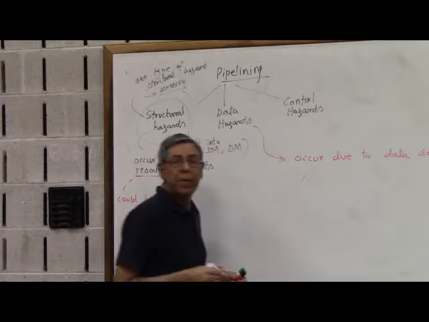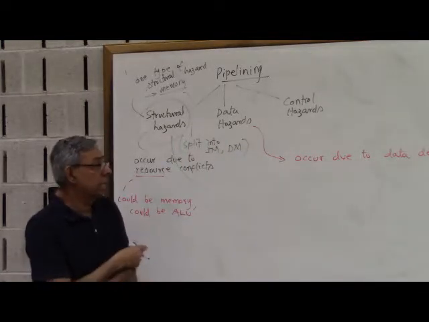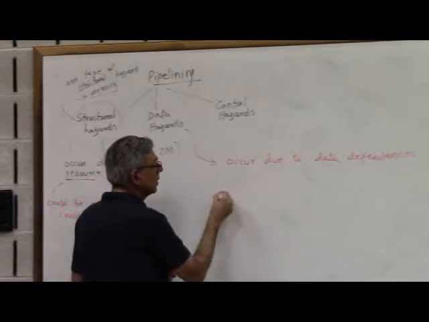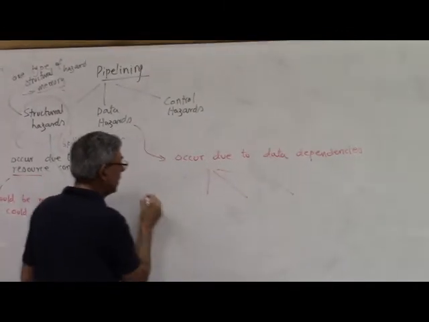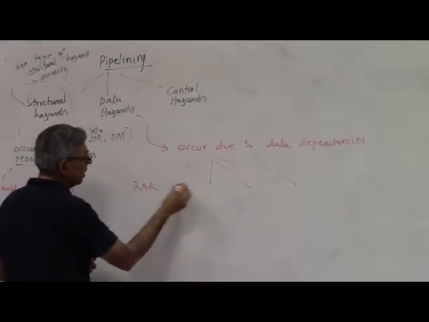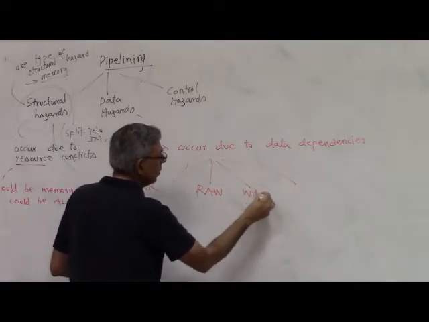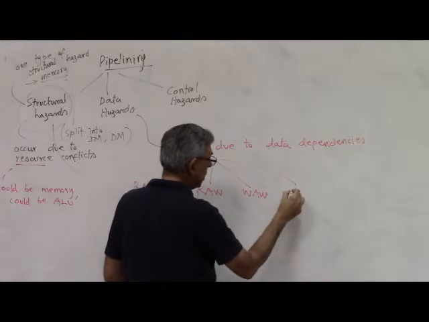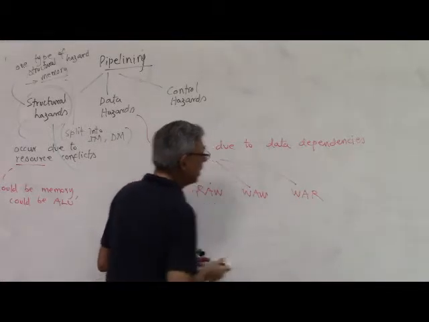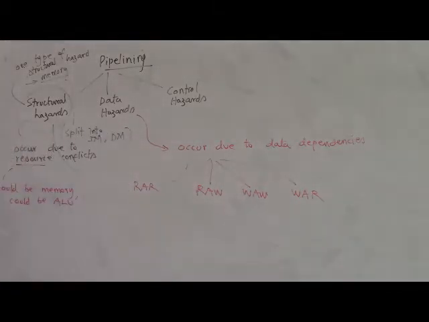And there are 4 kinds of dependencies that theoretically can occur: RAR, RAW, WAW, and WAR. So read after read, read after write, write after write, and write after read.